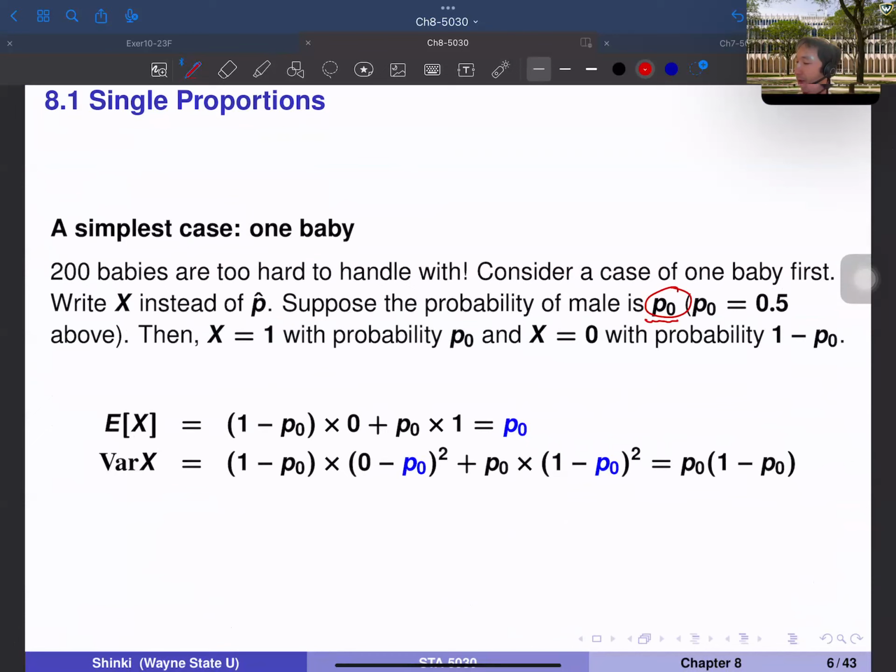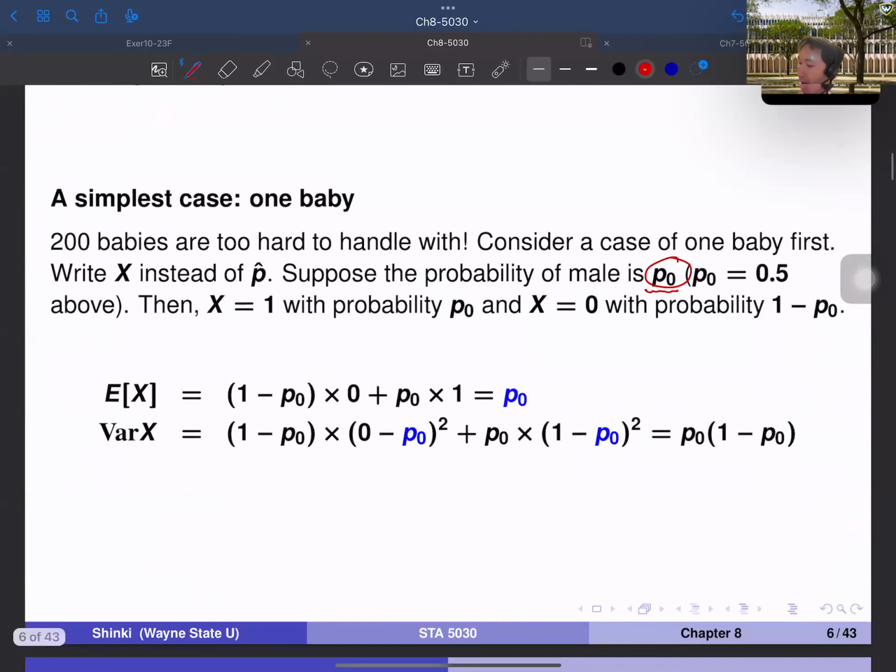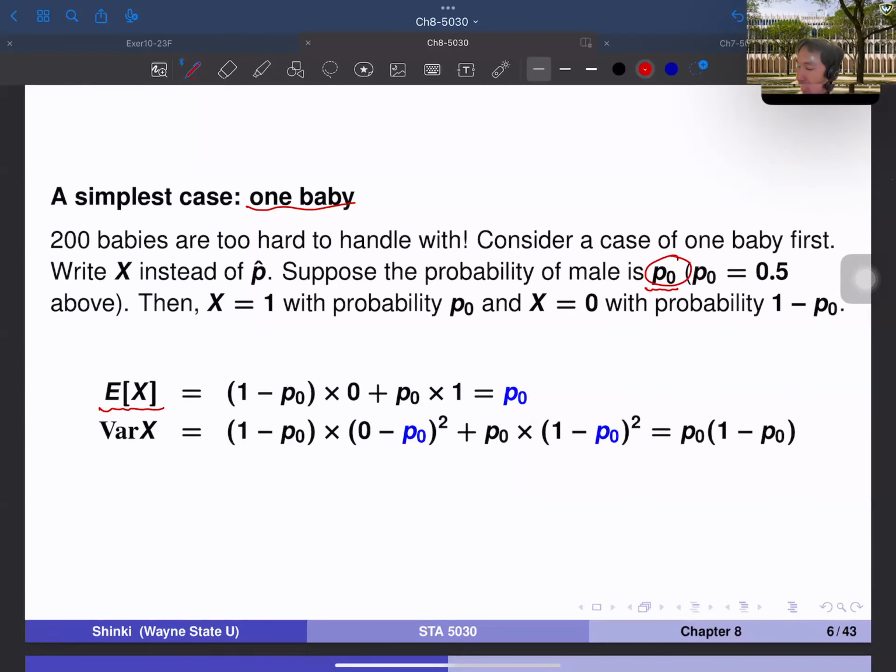Then if we have one observation, one baby, what's the expected number of males? The baby is female with probability 1 minus p naught and male with probability p naught.